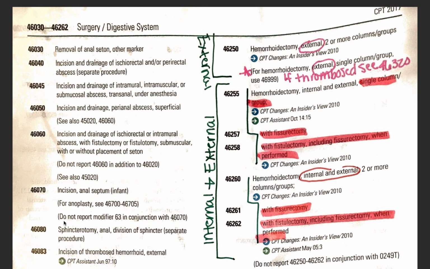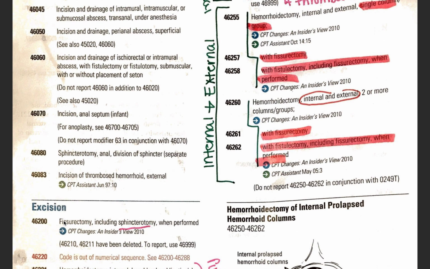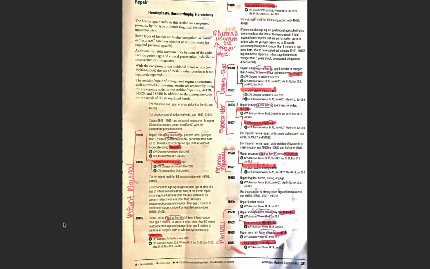So that's an excision of a fistula and a fissure. 46260 is 2 or more columns or groups, and then you have the same options with fissurectomy and with fistulaectomy, including fissurectomy.